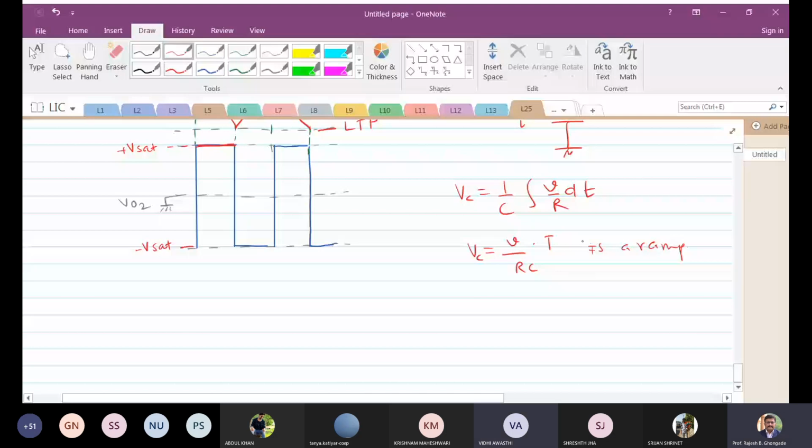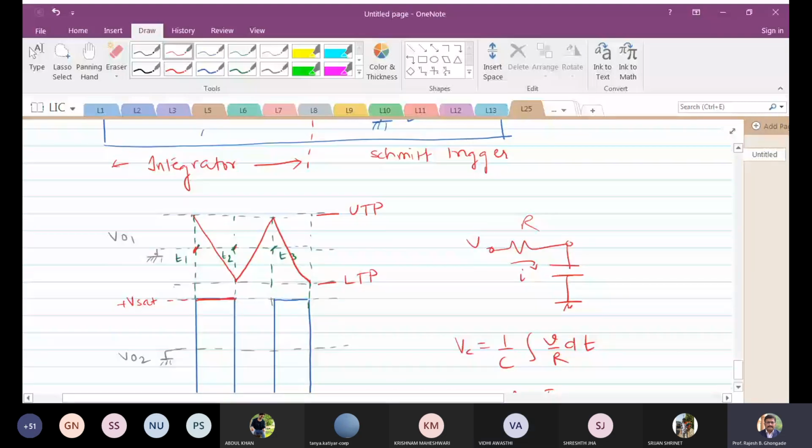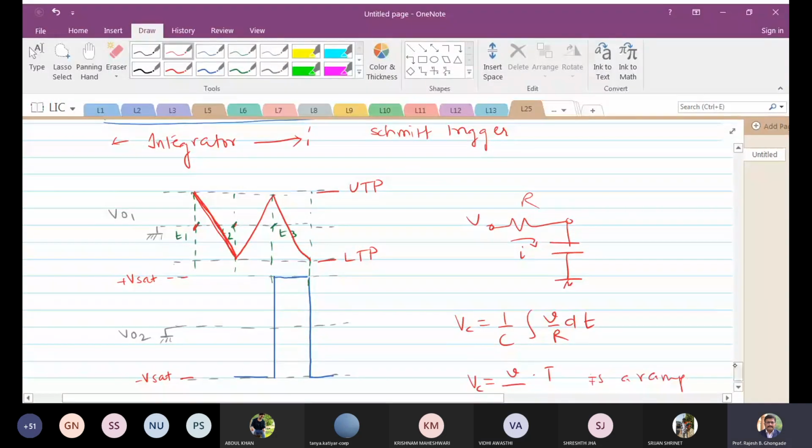You see, the input to your integrator is a constant voltage Vsat. So the output of the integrator will be a negative going ramp like this. So that explains why we are getting this slope. So current I1 flows into R1.